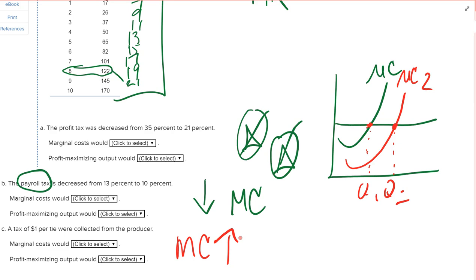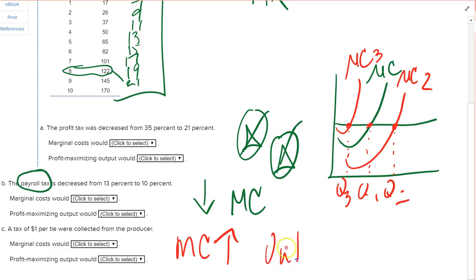And what's that going to do to my profit maximizing output? Well, it's going to take it here, because here's my higher costs in place. I'll call that 3. And here's my new profit maximizing output. And as you can see, it decreases it. So output decreases. That one's a little bit tricky, but I think if you just use the graphical understanding of it, it helps a lot.